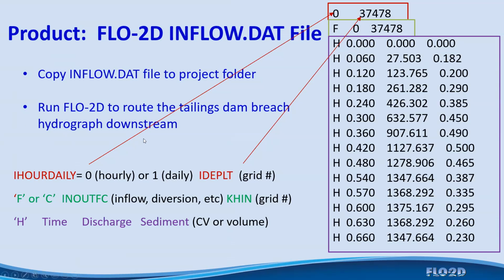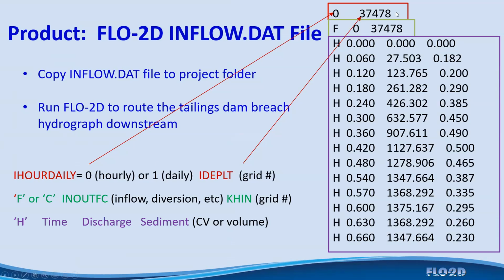But now let's talk a little bit about the format of this file, okay? For those of you that are familiar with FLO-2D, this is basically information that is not essential, but for those of you that are new in FLO-2D, it is good information.